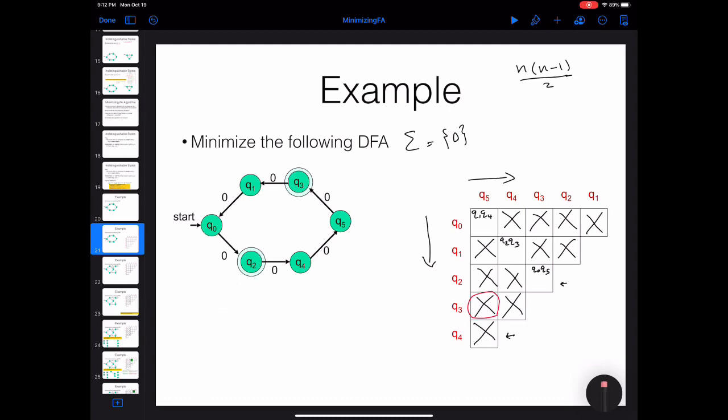Let's see what we know and what we can understand from the rest. So all those pairs that we immediately know are not going to be equivalent have been marked. There are just a couple of cells that we haven't marked, and they are basically showing some dependencies.